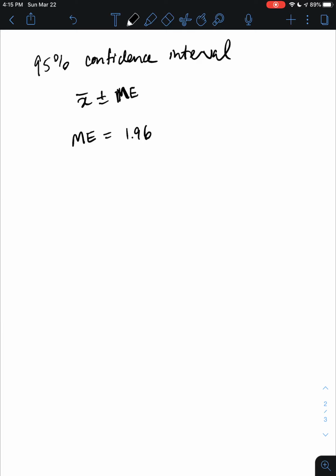And the margin of error is 1.96. I said 2 earlier, and I was just trying to make it sound a little friendlier, but really it's 1.96 times the standard error. And what is the standard error? Standard error is sigma over the square root of n.